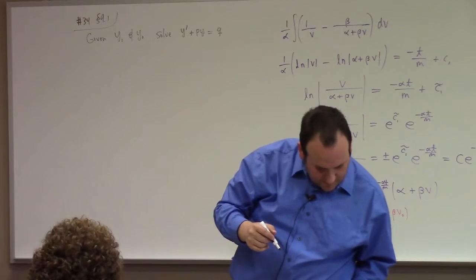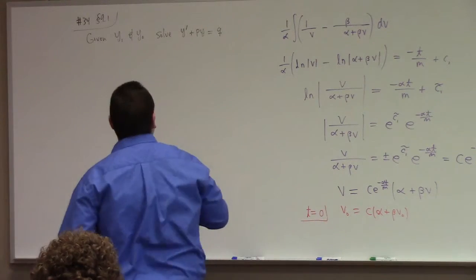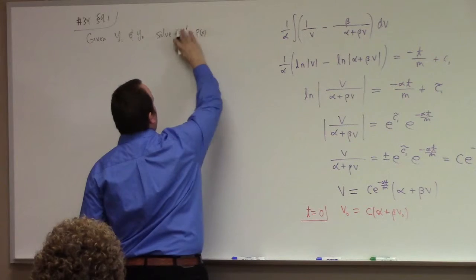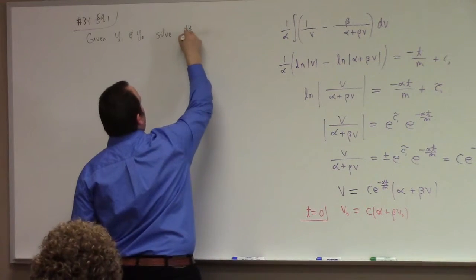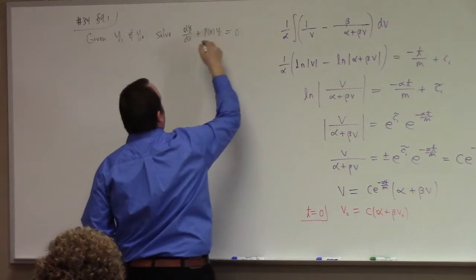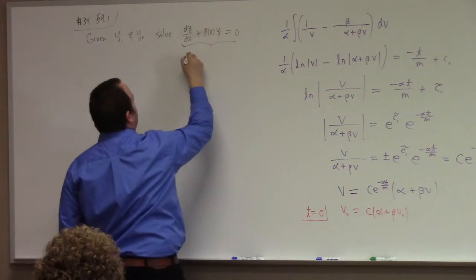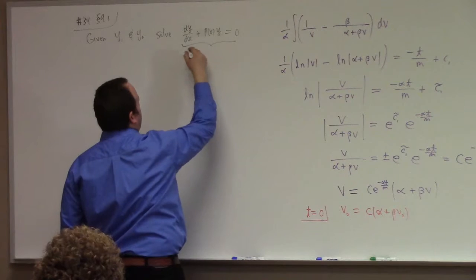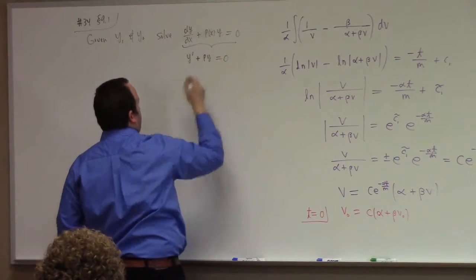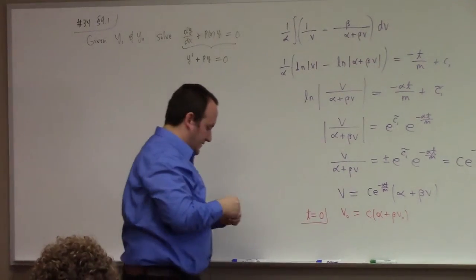Oh, there's no q, and it's just p. So p of x, here, let me make it really annoying. dy dx plus p of x times y is equal to 0. Now we could also write this as y prime plus py is equal to 0 if we don't want to write the x dependence so explicitly.